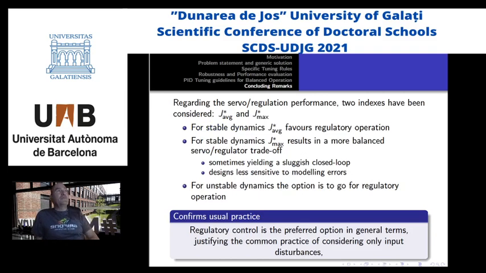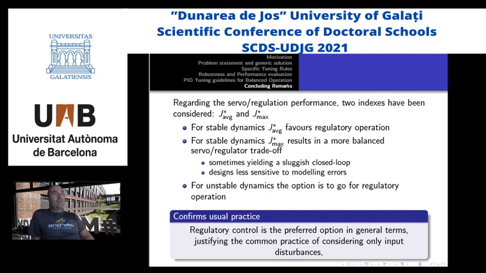Regarding the performance indexes, we use both of them. Okay, average usually goes for regulation designs. Okay, and the maximum tends to sacrifice the regulation operation a little bit and get a more balanced trade-off.